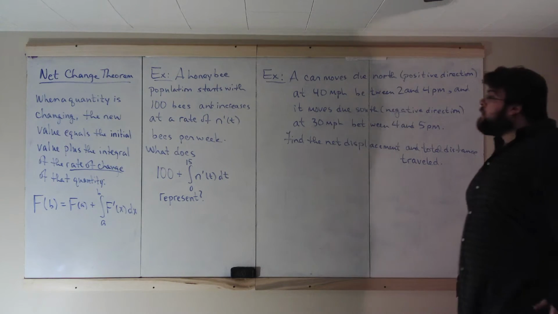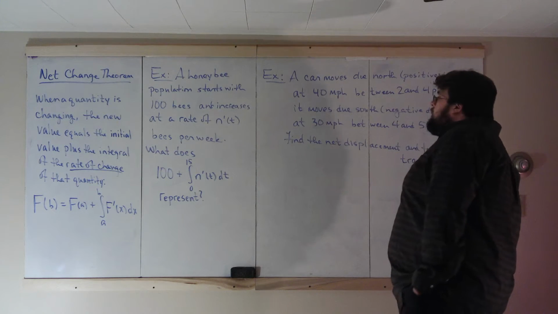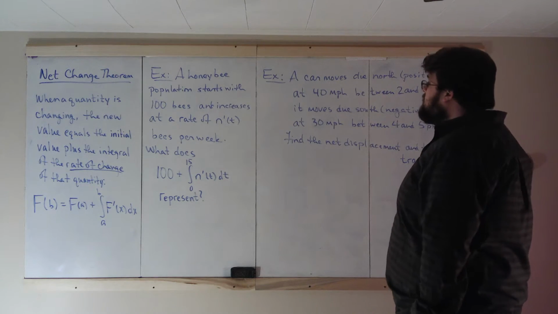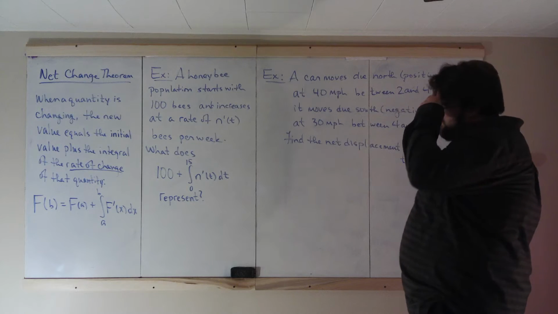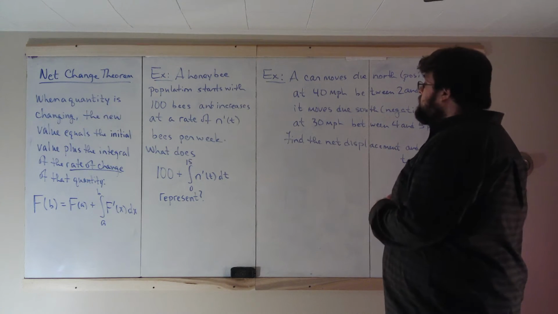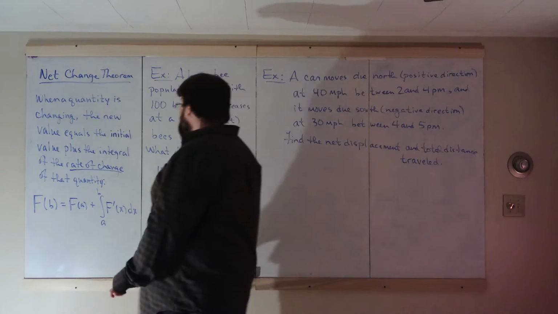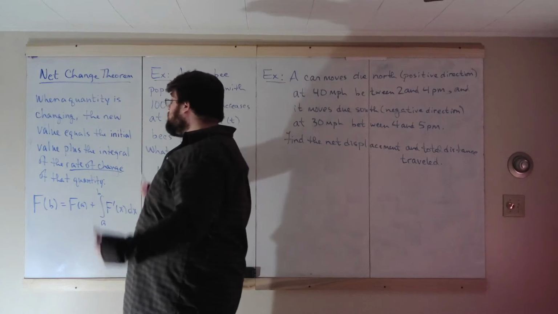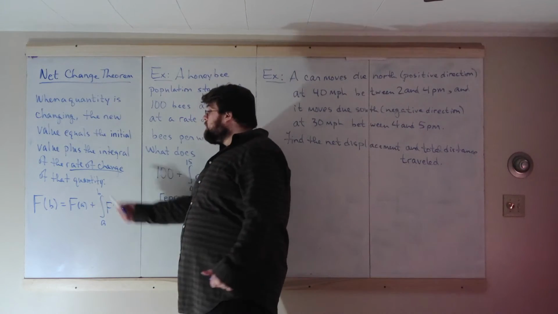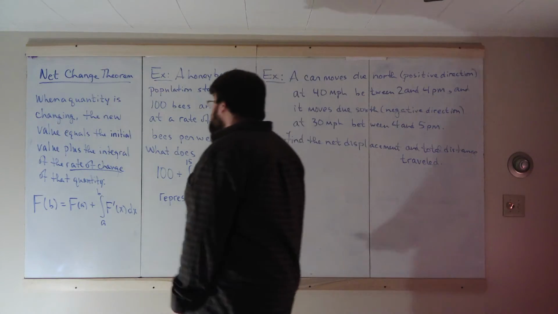A honeybee population starts with 100 bees and increases at a rate of n prime of t bees per week. What does 100 plus the integral from 0 to 15 of n prime of t dt represent? Well, this tells us if we start at an initial value and integrate a rate of change on some interval, starting at that initial value, then that will give us a new value.